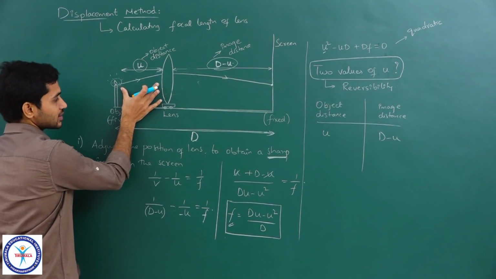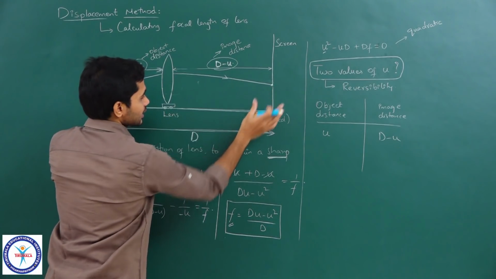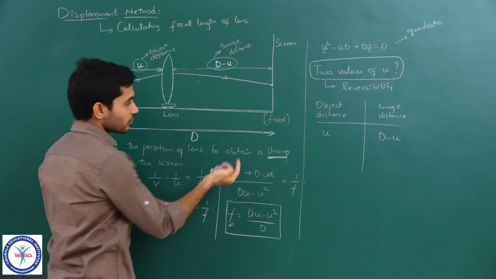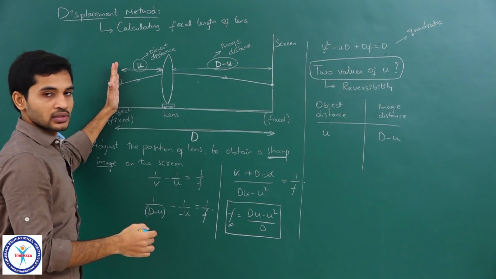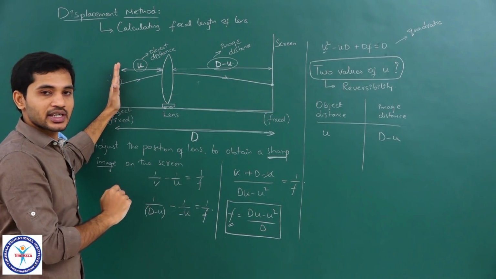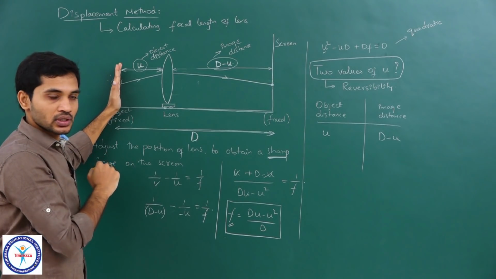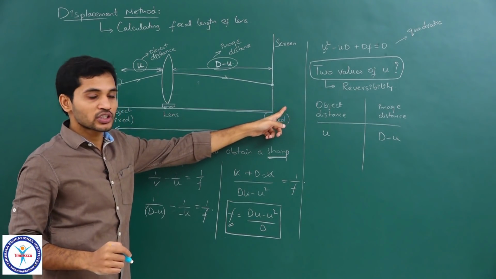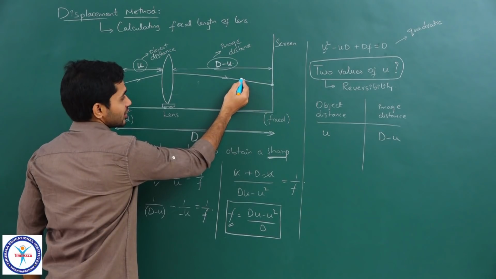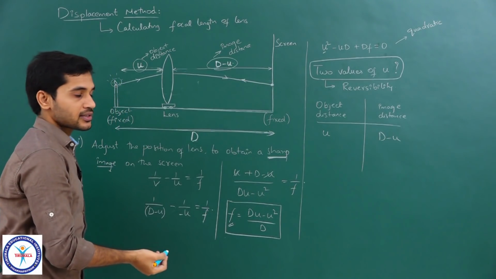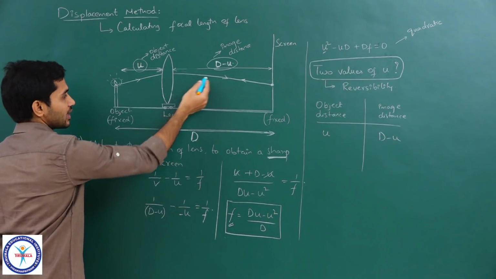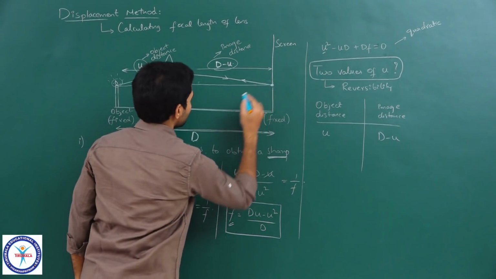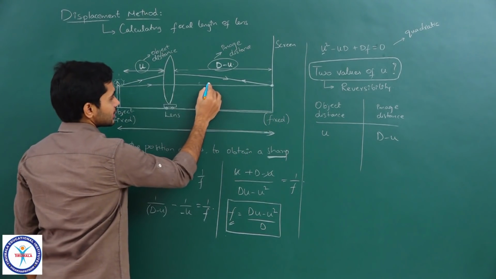If I am placing the object here and the screen here, then also the image will be exactly a sharp image, because we can use the concept of the reversibility of light rays. I hope you understand this.